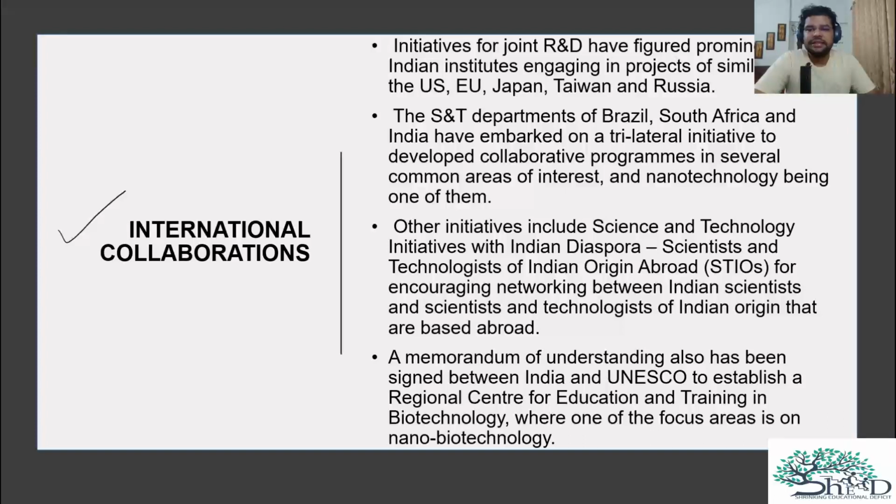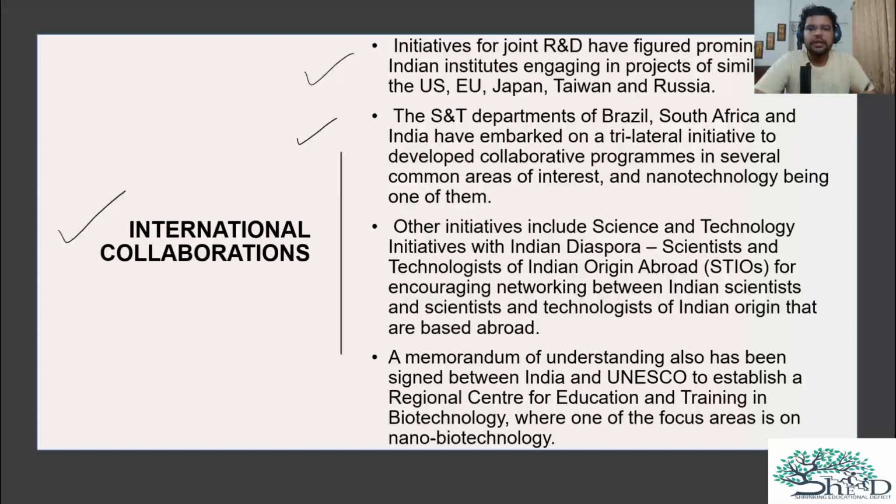What are the various international collaborations that have been done? This is just factual stuff, no need to understand anything. So initiatives for joint research and development have been done with the US, EU, Japan, Taiwan and Russia, of course with India. The Science and Technological Department of Brazil, South Africa, and India have started a trilateral initiative.